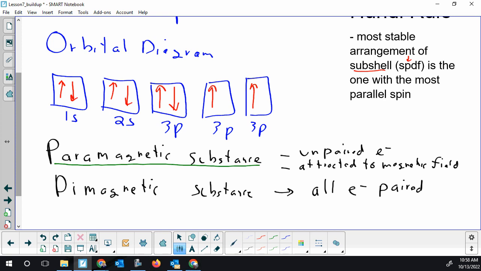You can't pair up odd things. So our group 5, group 6, we're going to see a pair and 2 singles in the p's. Oxygen is group 6, nitrogen group 5, we're going to have 5 electrons in the p orbitals. So you can look at the table and potentially figure out whether they're all paired or not.